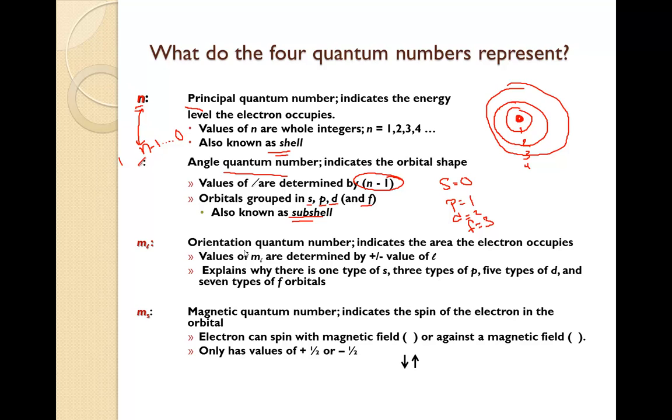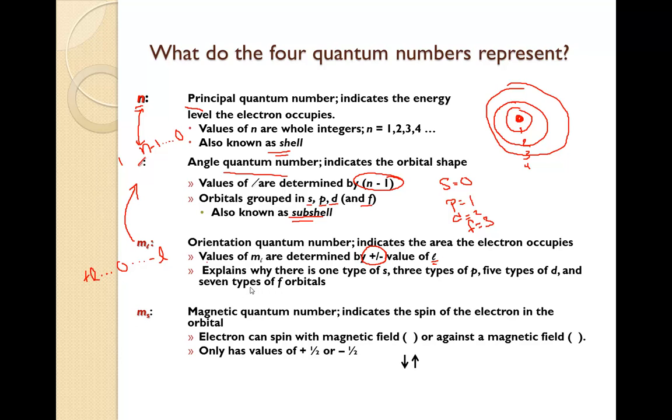M sub L is the orientation quantum number, indicating the area the electron occupies. Values of M sub L are determined by a positive or negative value of the L. So M sub L is dependent on L. So it can be positive L down to 0 down to negative L as whole number integer possibilities.